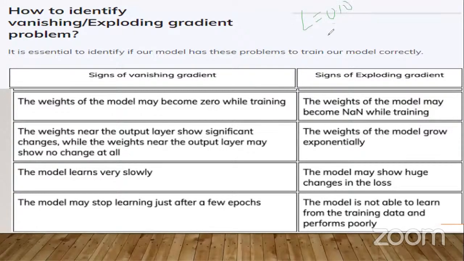Even after certain epochs, you will not see much change in the loss. Maybe from 0.10 it becomes 0.09, not much difference, or maybe it is constant. Even after further iterations it remains at 10%, not reducing even to 9%. It is stagnant. So that is one of the signs that the model is not learning. It is not reducing the loss.